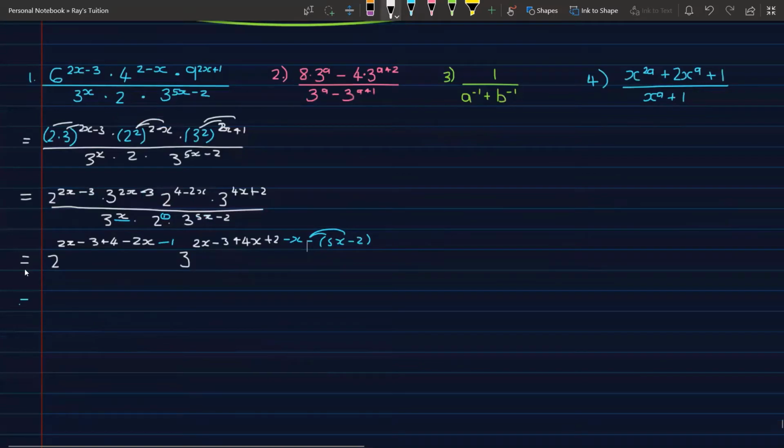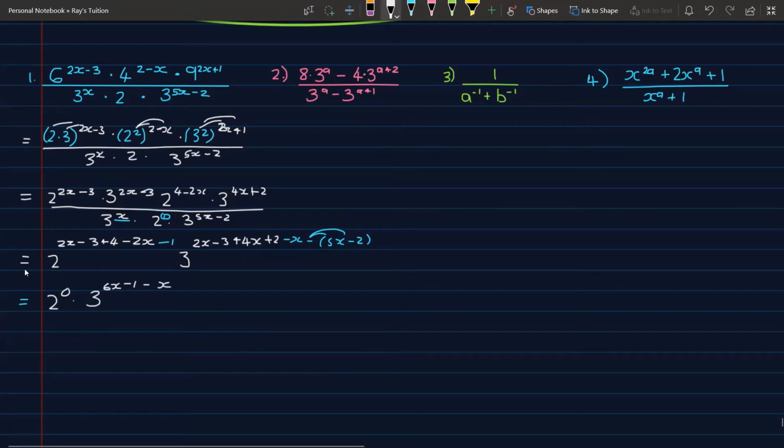So this here is 2x minus 2x cancel out, and then minus 3 plus 4 minus 1 is 0 also. So this here we're just going to get 2 to the power of 0. Then let's simplify the 3. We have 2x plus 4x, which is 6x, minus 1 minus that x.